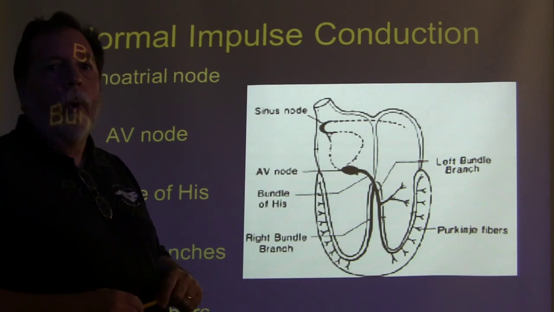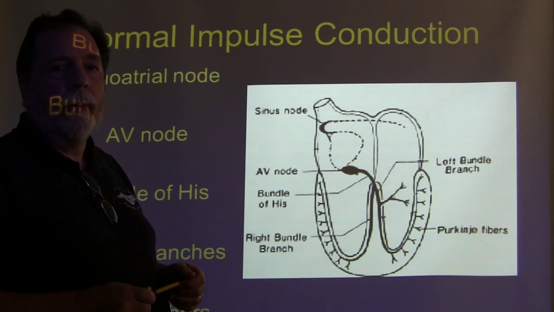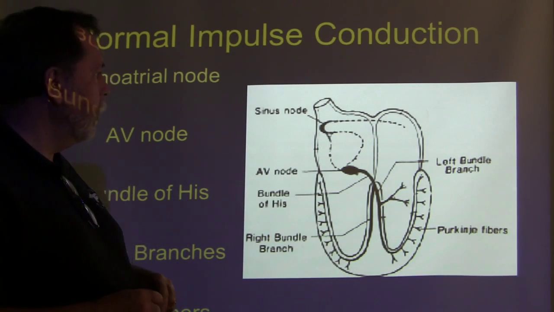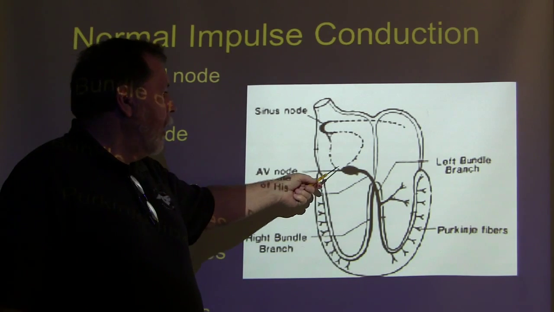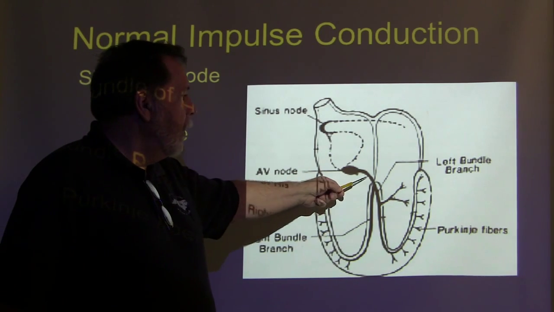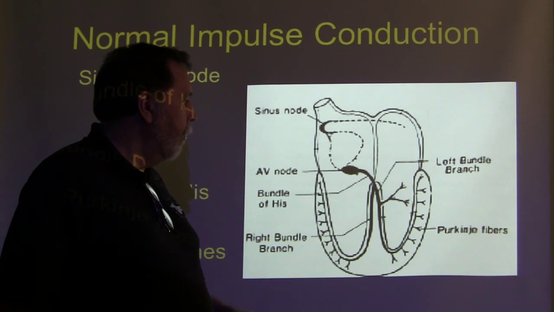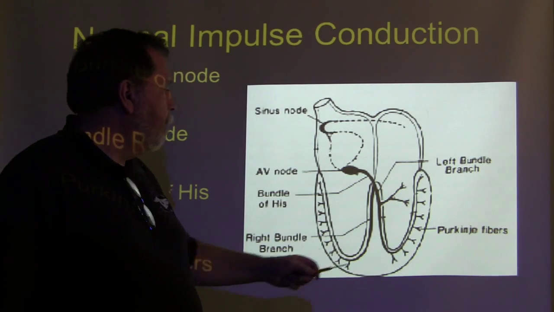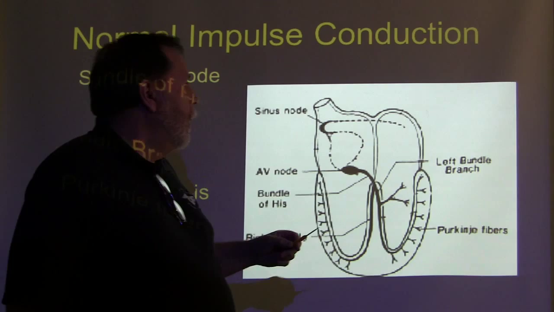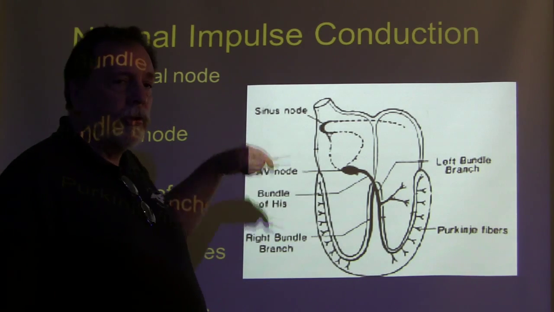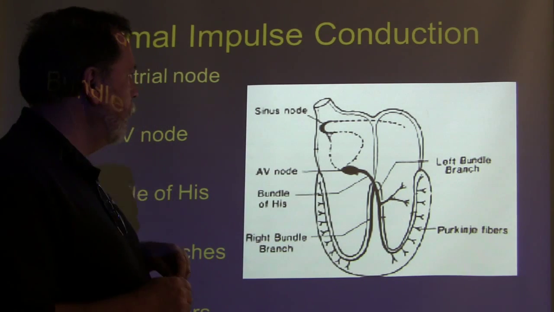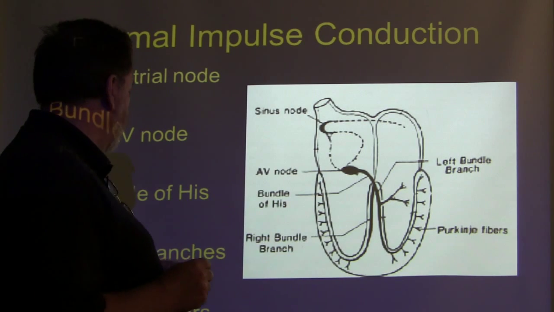Normally it's considered to be the pacemaker of the heart, or the natural pacemaker of the heart. The AV node, or atrioventricular node here, then there are the bundle of His, a right and left bundle branches, and then the Purkinje fibers over here. And that's just the normal pathway for the ECG signal to follow.